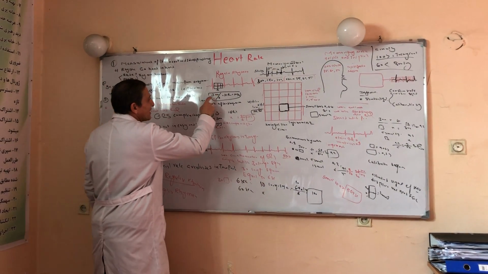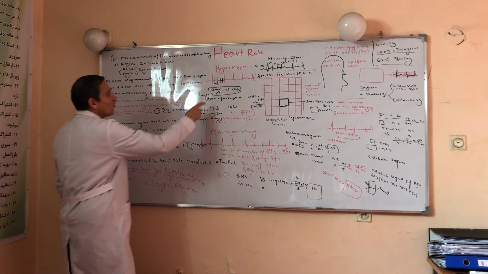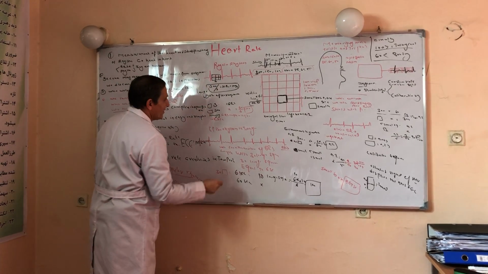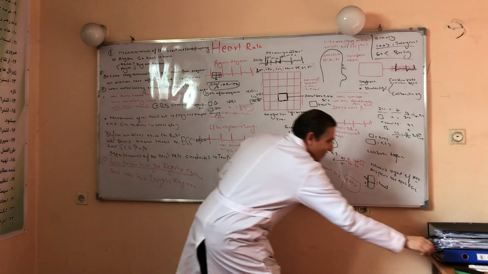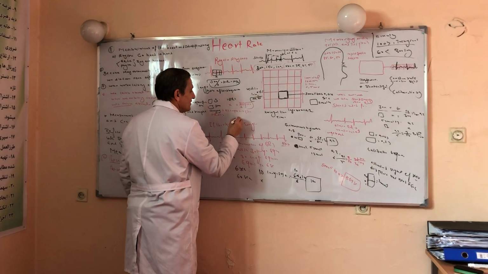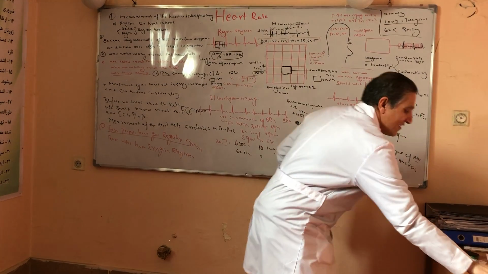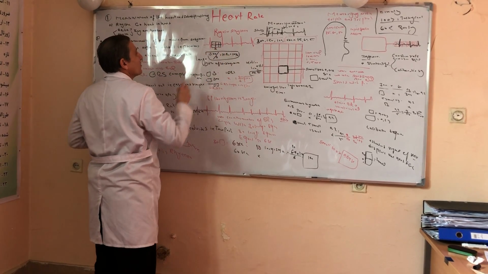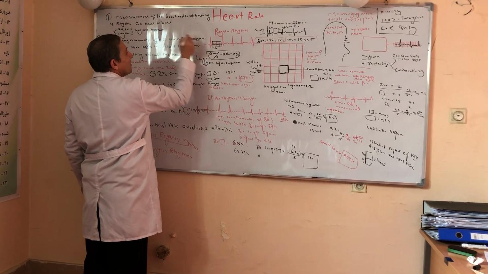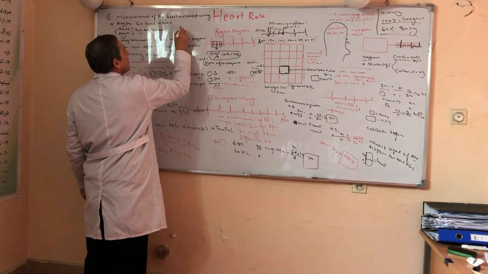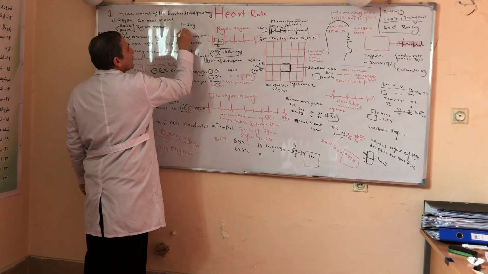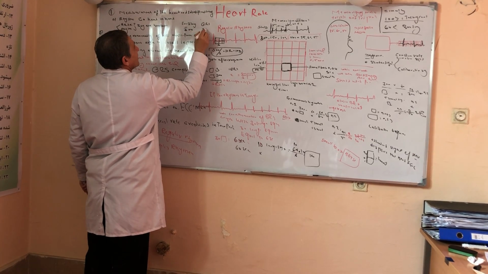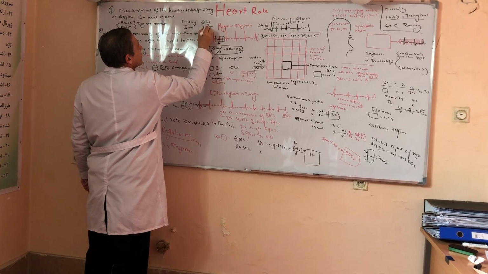What is the mechanism by which this 300 over 3 is produced? Since we know that for 3 large squares we have 1 QRS complex, then in 300 large squares, how many, X? The 3 comes here and 30 goes there.